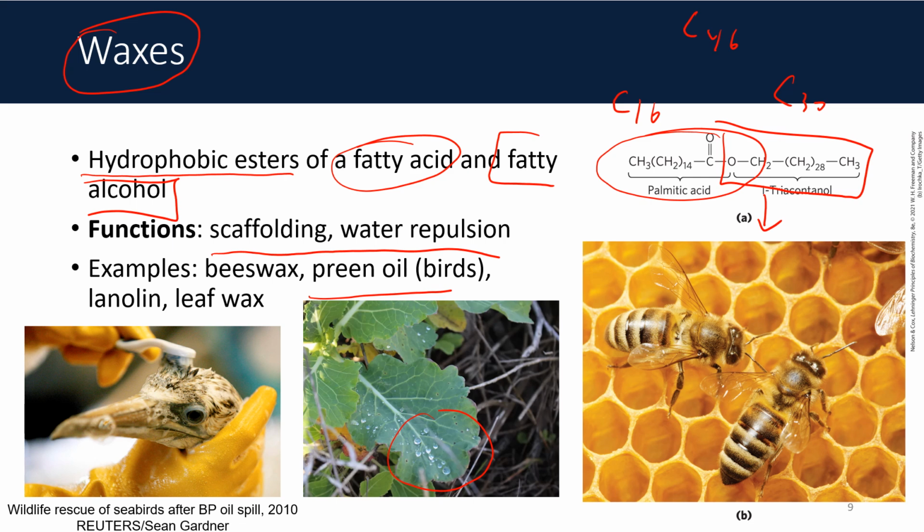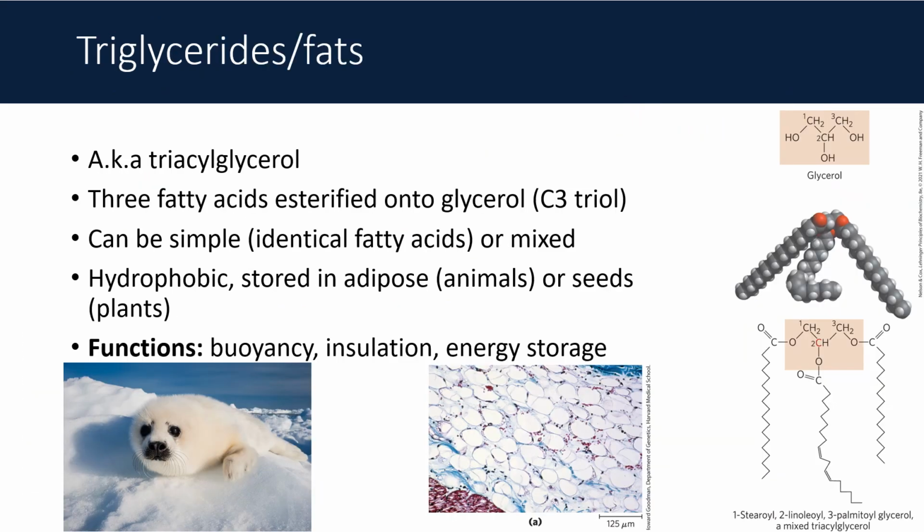Cellulose is polar. It's going to soak up water like a sponge. And you don't want that because every time it rains, that's going to make the leaf very heavy and bogged down with extra water weight, which can cause the leaf to snap and break. There goes your photosynthesis. If you cover the tops with a layer of wax, the water just rolls right off and the leaf won't get damaged.